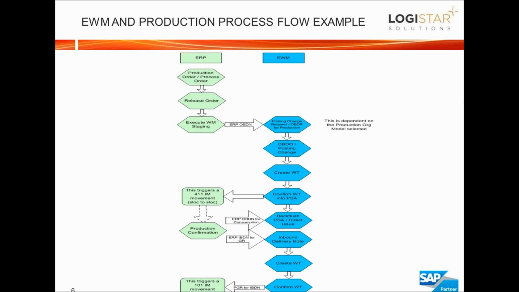That ERP inbound delivery will get converted to an inbound delivery in EWM that can be referenced to create tasks, go ahead and put away, etc. Upon confirmation of those tasks, it can trigger the post goods receipt back in ERP for the production receipt. This is the process that I'm going to be going through today, and the demo will cover all these steps as well. So hopefully this will match very well with what you're going to see in the demo.